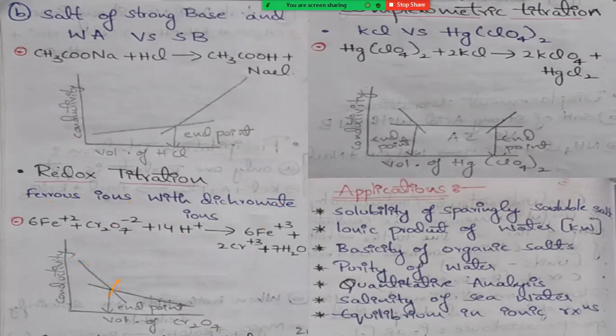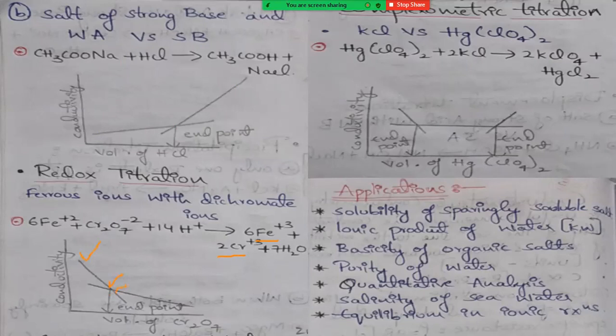So redox titrations are mostly successful in acidic medium, sometimes in neutral medium, right? But it is not possible in basic or alkaline medium. Formation of products is only possible in acidic medium as well as neutral medium.